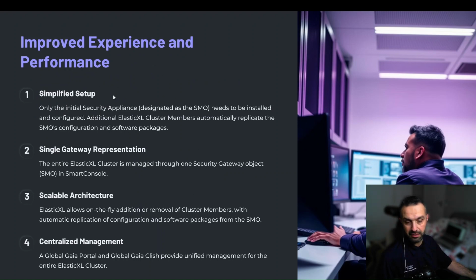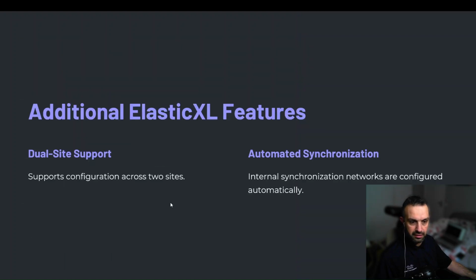Simplified setup: only the initial security appliance, so we have configured only one gateway, not both, needs to be installed. The single gateway representation, so in SmartConsole, it's only one. Scalable architecture, centralized management, and we have dual site support. So different sites or the same site. And the sync now is automatic, so we don't need to configure any sync interface. It will be configured automatically, and this is a good point.